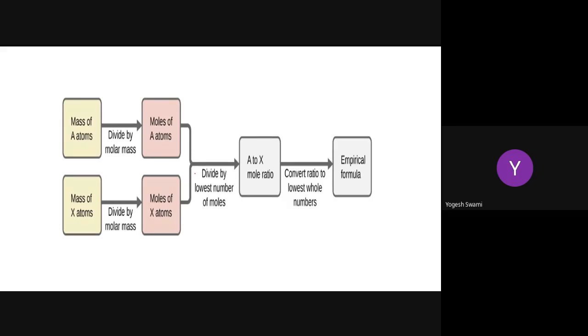Now look, for example, at how we find out the empirical formula. So this is a flow chart. With the help of this flow chart, we solve a few numericals related to this concept, that is how we find out empirical formula and molecular formula with the given information in a numerical.